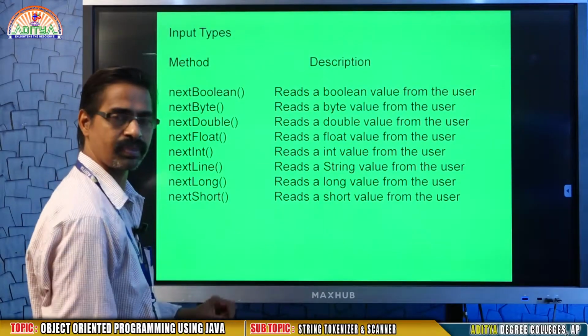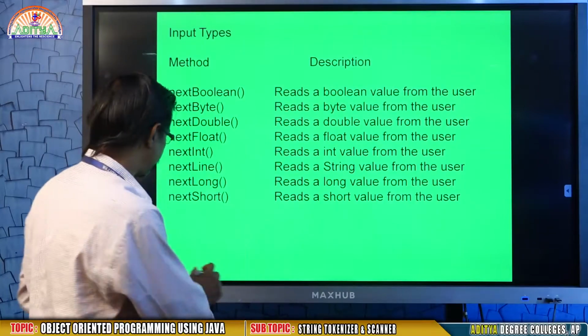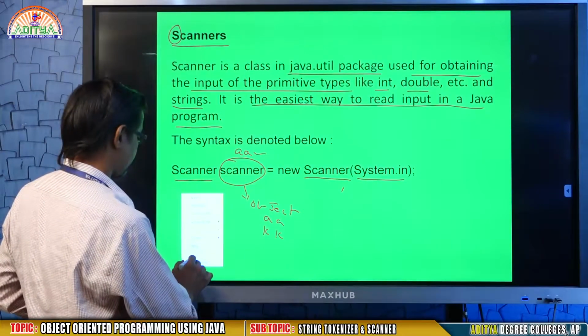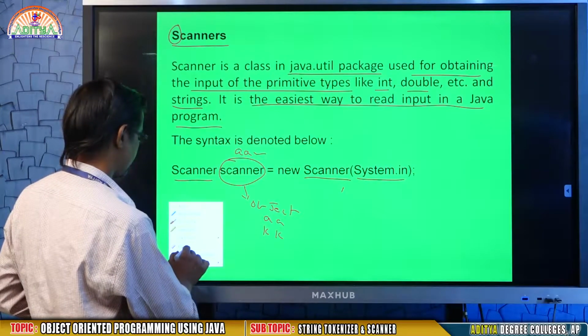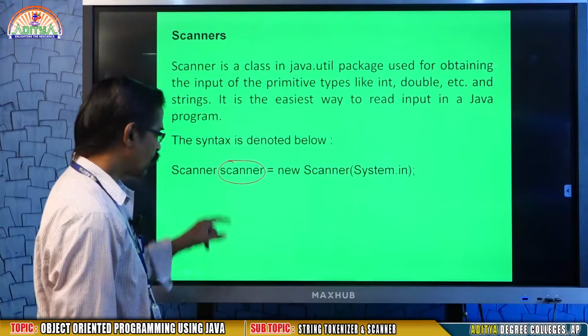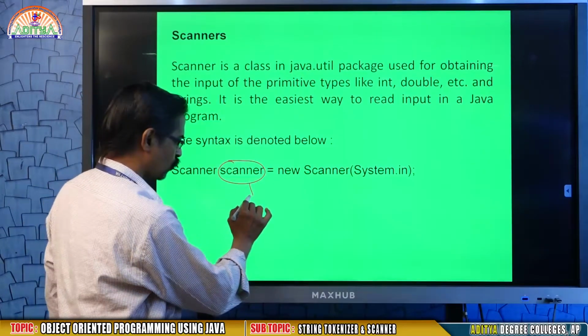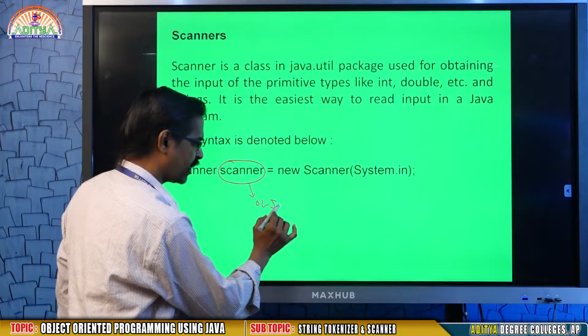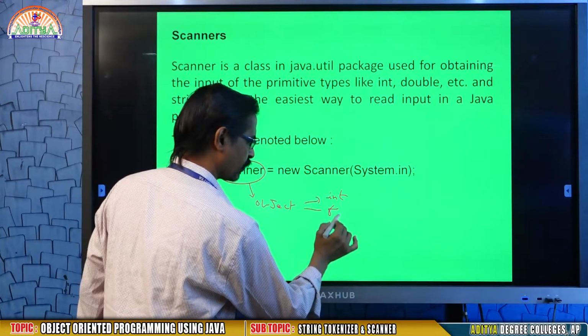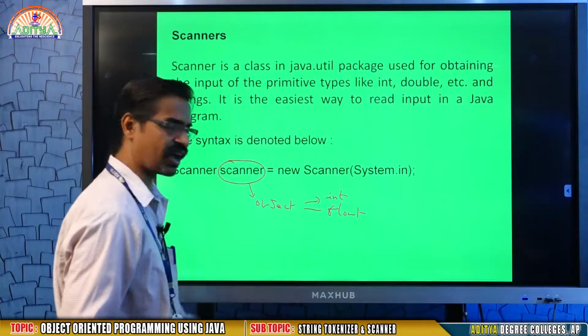See here, after creating the object, from this object we need to read an integer or float or double or string or any type you want.